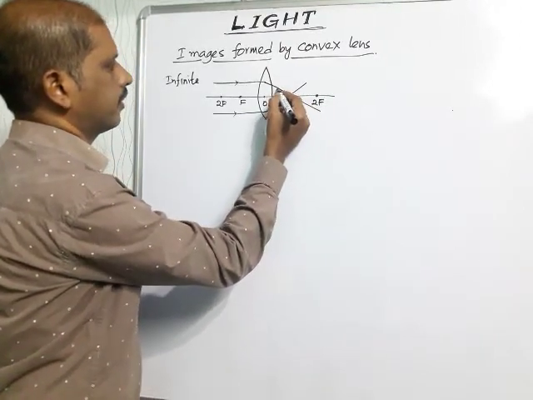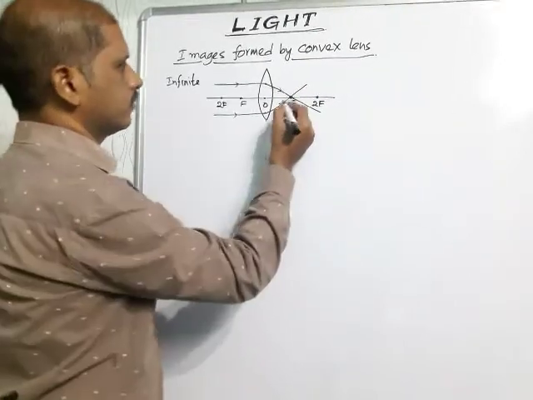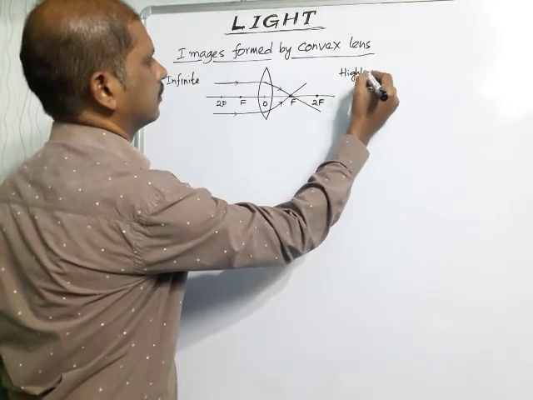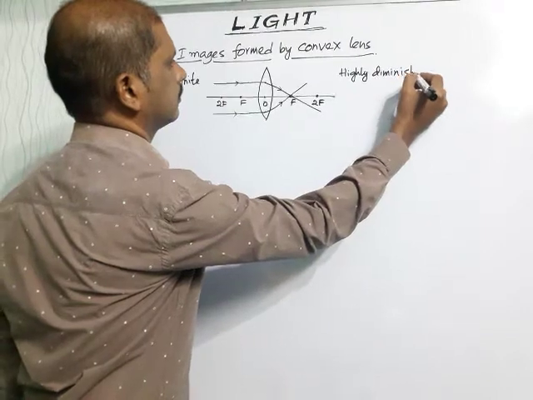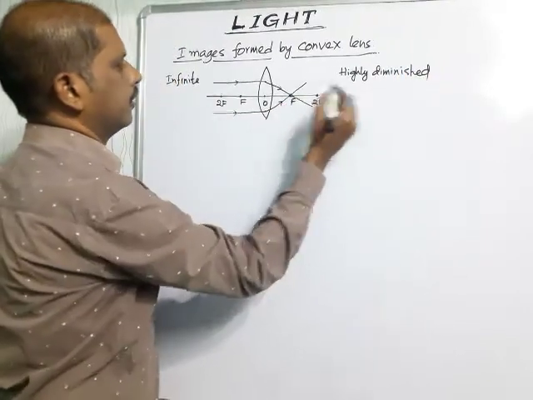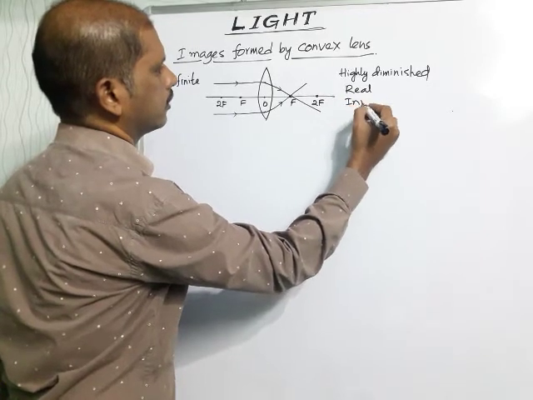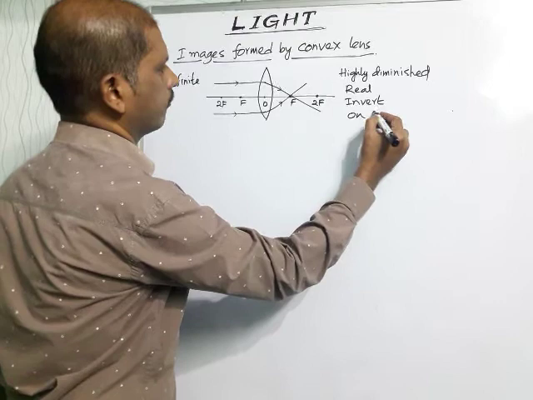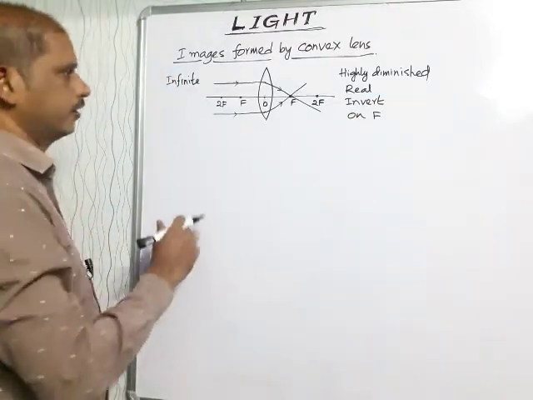So this is the refracted ray, and the image is formed here. The properties of the image are highly diminished, real and inverted, and it forms exactly on F. So this is the first ray diagram.